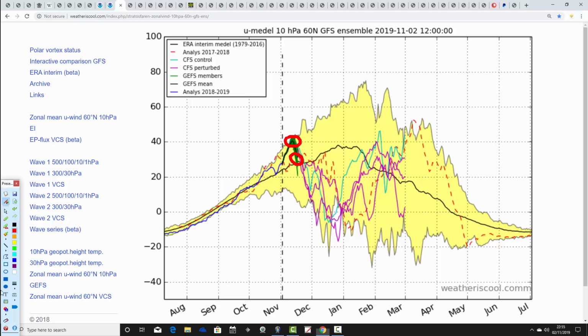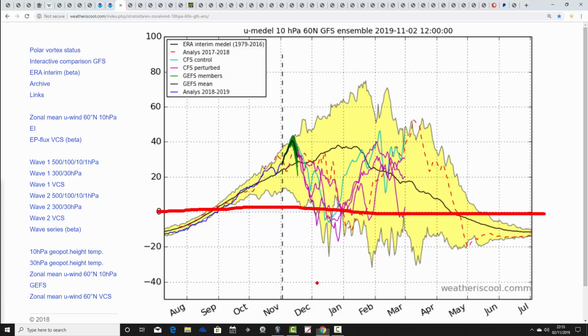And if we follow that on with the other coloured lines, the 3 pink and 1 blue line, which are from the CFS V2, we can see how all of these lines are actually falling down almost into a reversal. They do actually get into reversal of the zonal winds in December, which is very, very unusual to see. Quite dramatic.